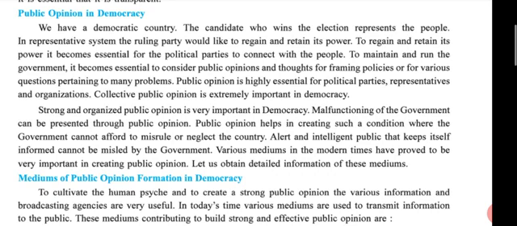So, after becoming a government, it is essential to consider public opinion and thoughts for framing policies or for the various questions pertaining to many problems.